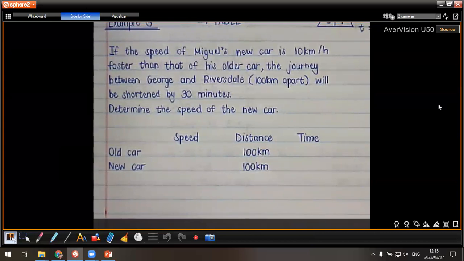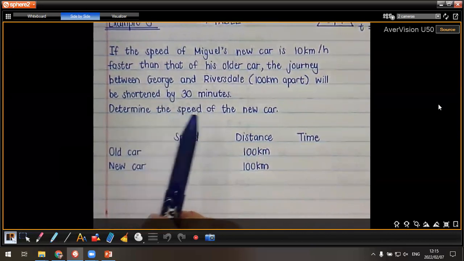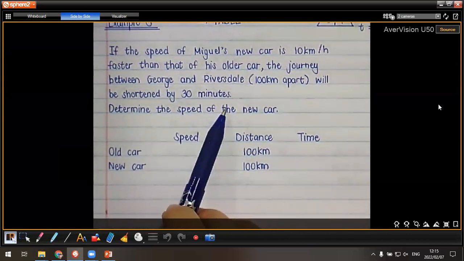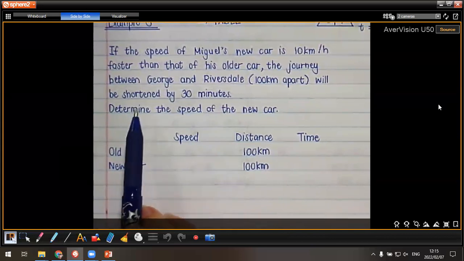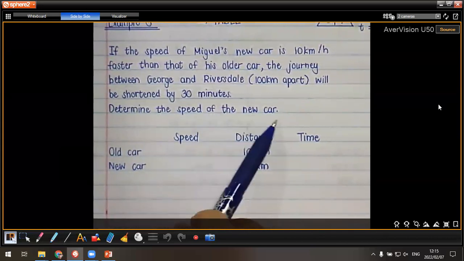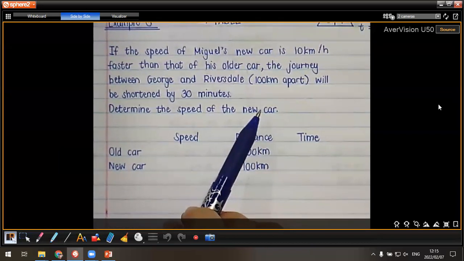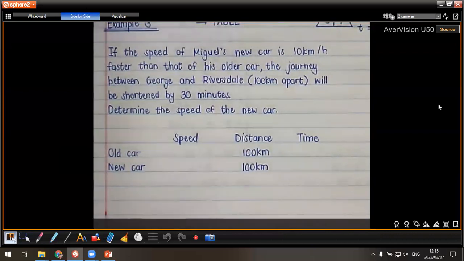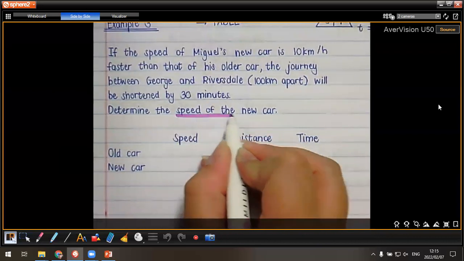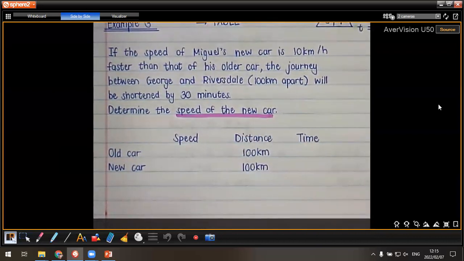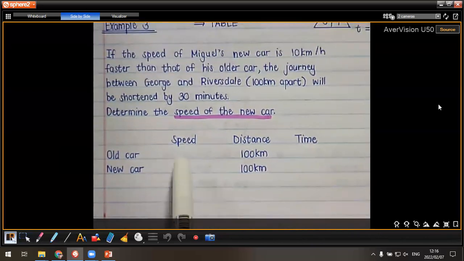Now, the important thing here is we need to look at what they're actually asking us for, and that we need to make equal to x. So they're saying determine the speed of the new car, and that we are making equal to x, okay? So determine the speed of the new car. So that we are going to make equal to x. Now you're looking at your table. Where is the speed of the new car?